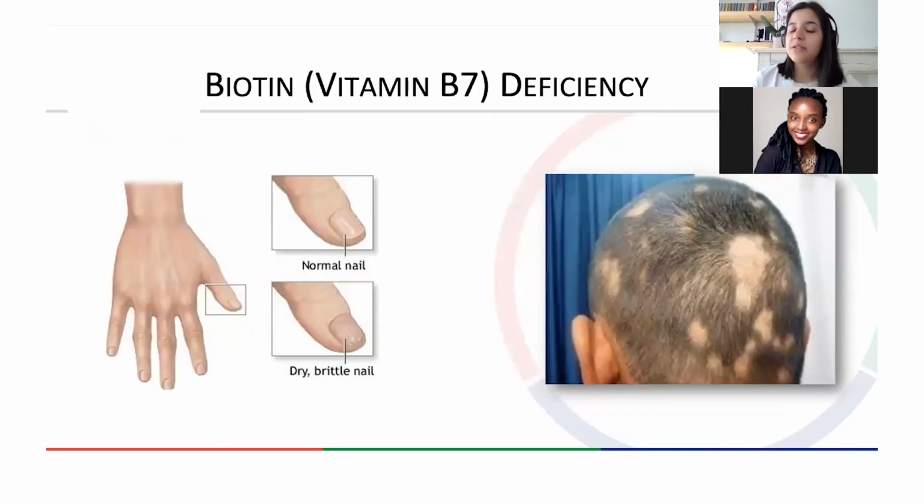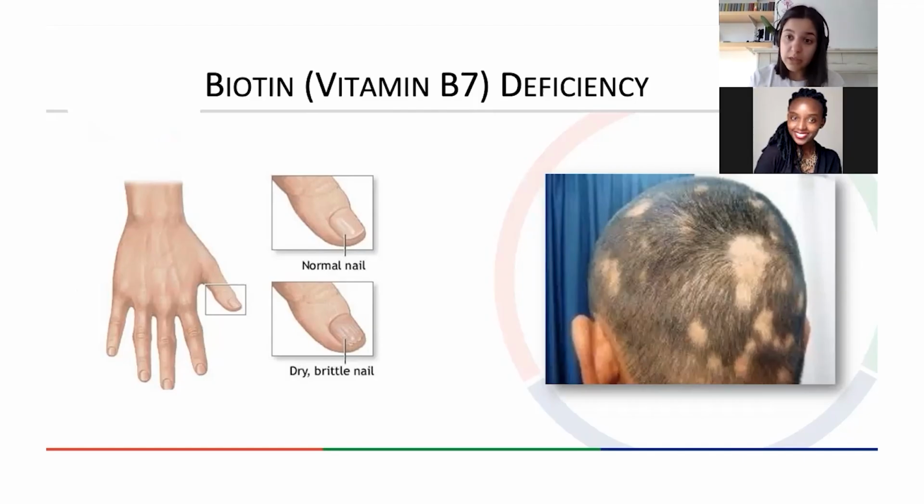Talking about biotin deficiency, the main way it showcases is usually in the hair and the nails. For example, you can see in an individual with biotin deficiency, vitamin B7, very dry and brittle nails. And in the hair, we can identify some spots where the hair decays, where there are some bald spots on the head.